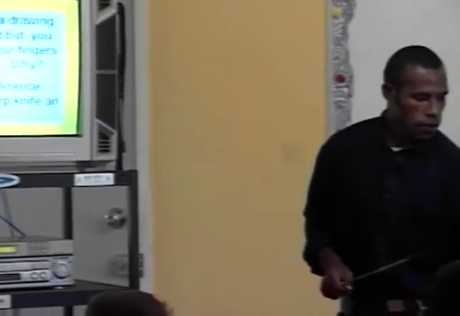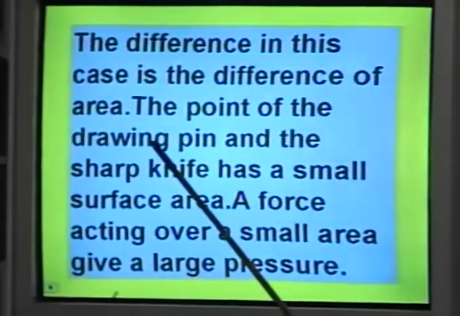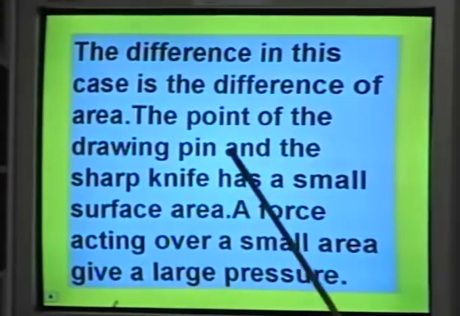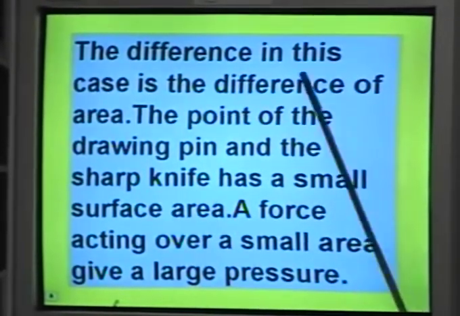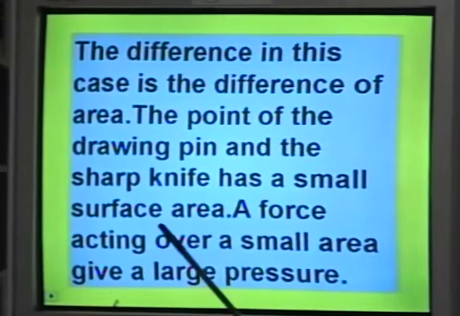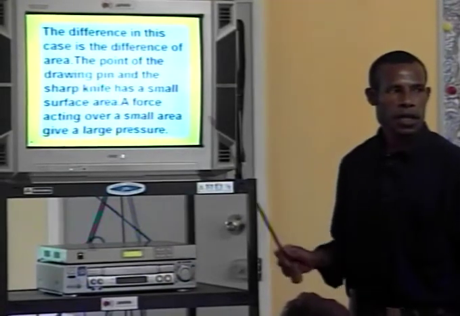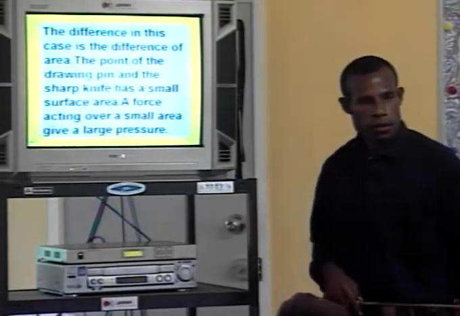Now, looking at these two differences, we can see that the difference exists in the area. The point of the drawing pin and the sharp knife has a small surface area, and the force acting over a small area gives a large pressure. So small area gives you large pressure. Large area will give you a small pressure.